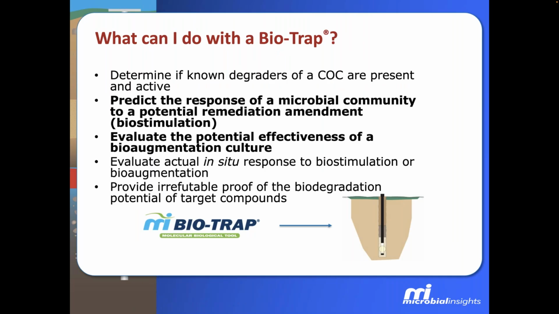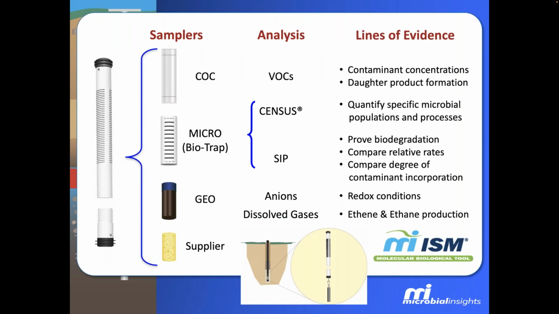I've lumped a couple of these others together for reasons that will become obvious in a moment. We can predict the response of a microbial community to a remediation amendment, biostimulation. We can also evaluate the potential effectiveness of a bioaugmentation culture. In doing so, we use a biotrap and another device, which you might call a second step in the evolution of biotraps, called an in situ microcosm, which you see on the left-hand side of the screen.